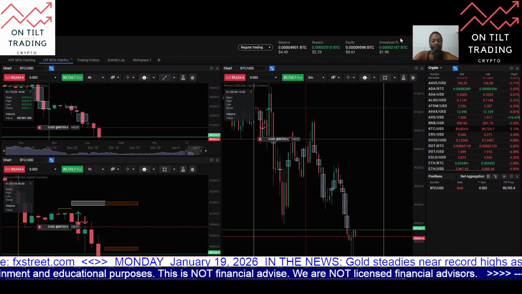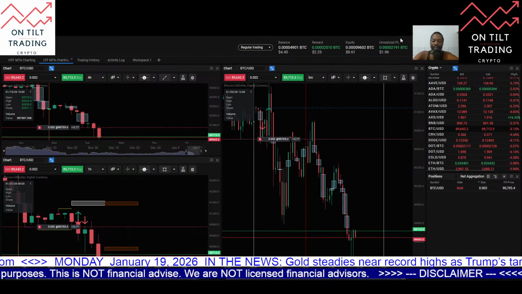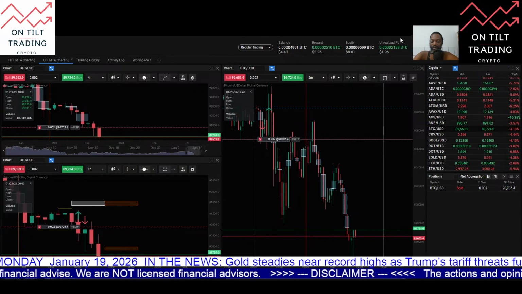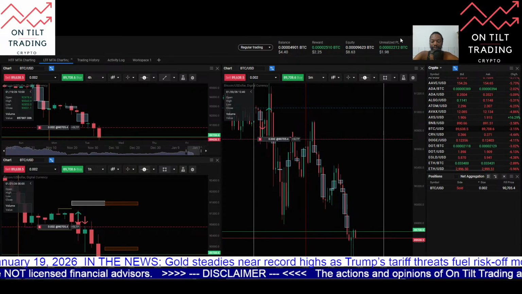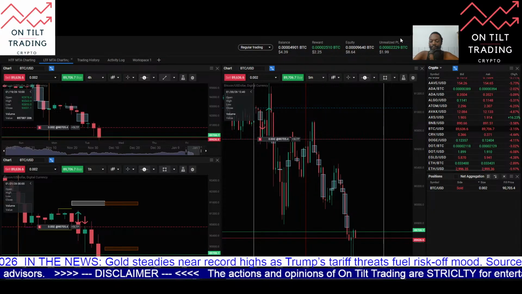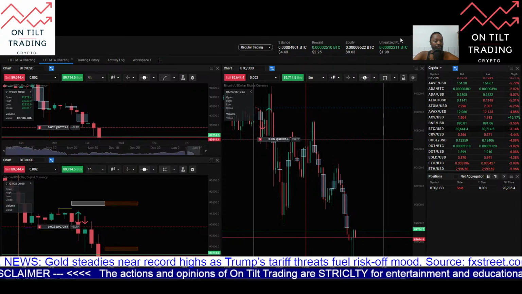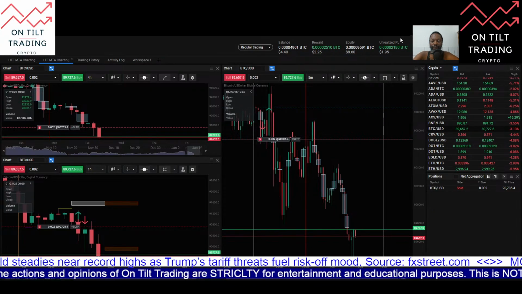Just based on the difference of the bid-ask spread, I'm going to need price to go a little lower in order to be able to cover. This trade is a 2-to-1 risk to reward trade.